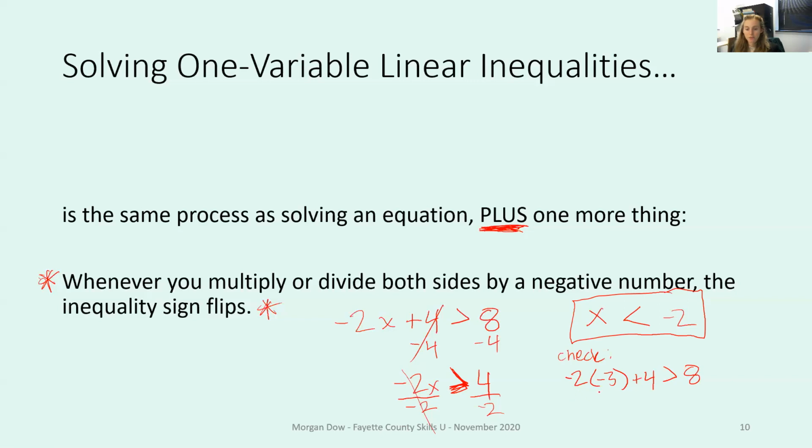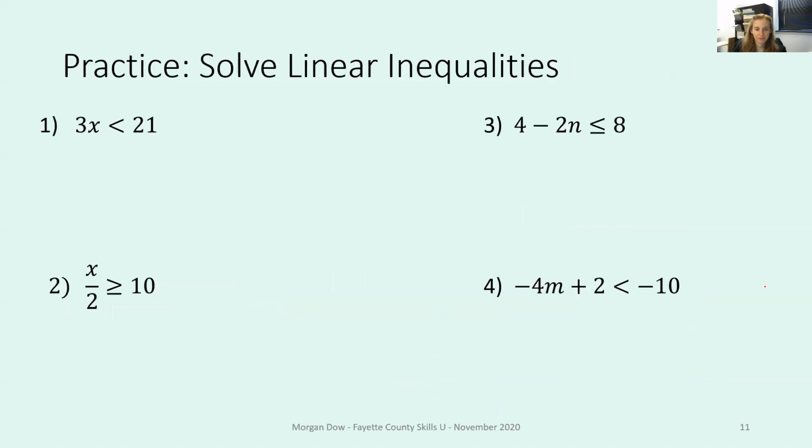So negative 2 times negative 3, a negative times a negative gives us a positive 6 plus 4. 6 plus 4 is 10, which is in fact greater than 8, right? So that works out. That means that our solution was correct.